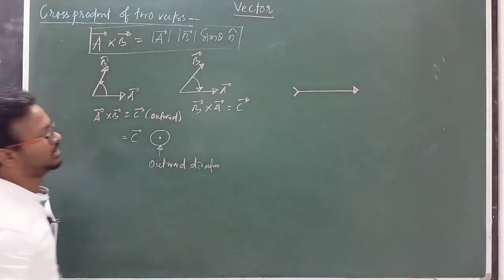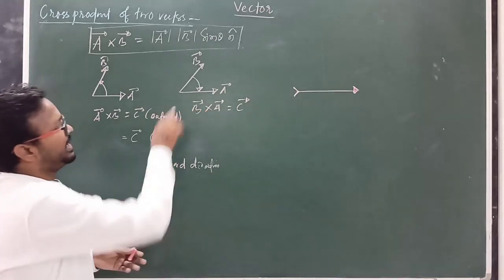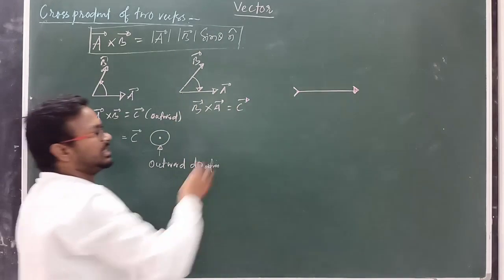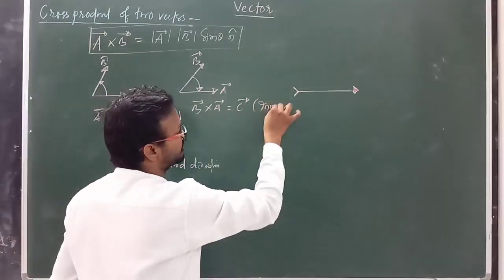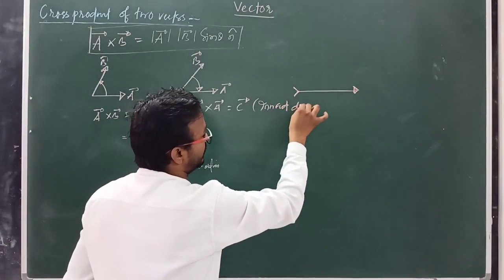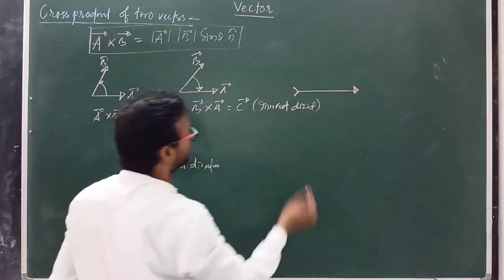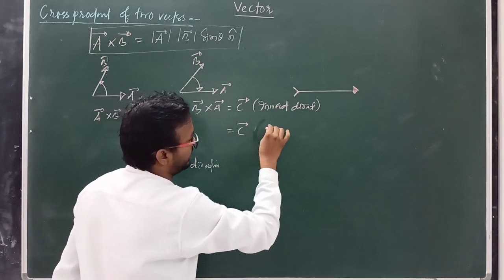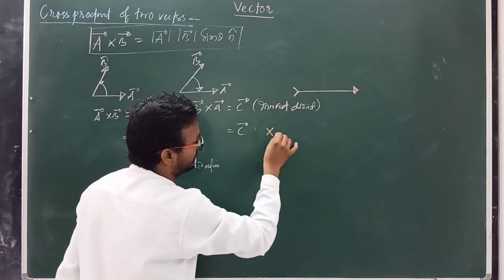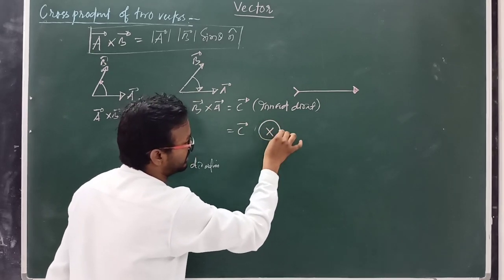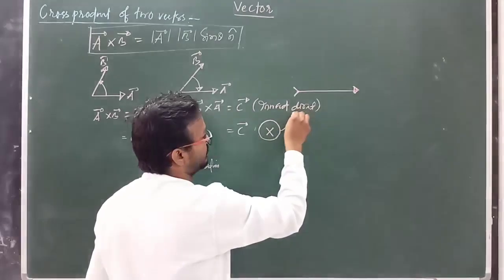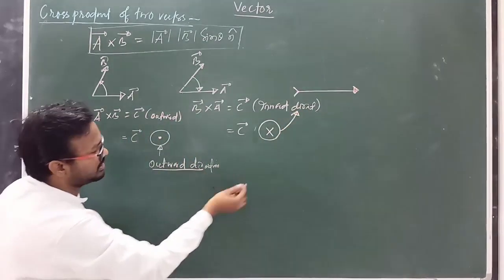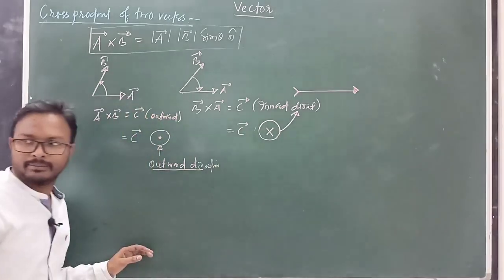But in this case B cross A means B cross A vector which is inward. So here it is inward direction, and it is represented by a symbol like cross and one circle here, and this represents inward direction, and this dot point represents outward direction, cross represents inward direction.